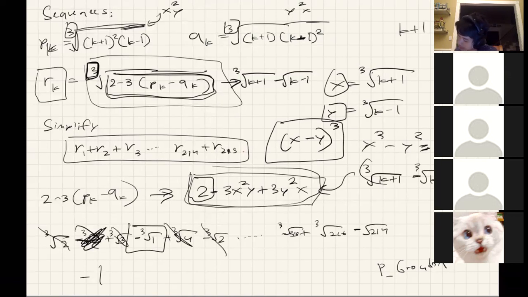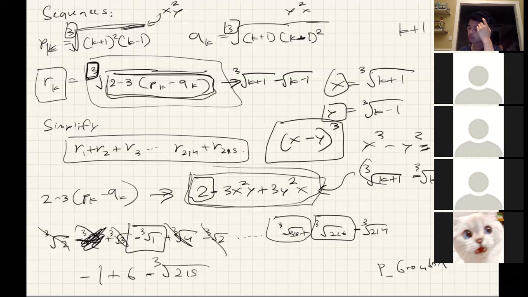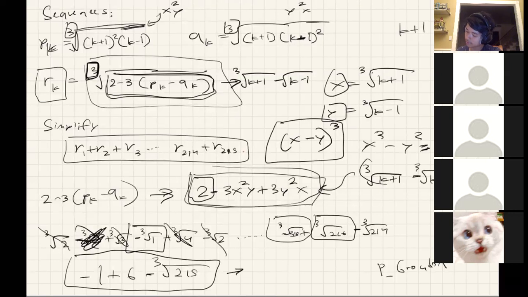And you might have seen that the cube root of 216, which thankfully is equal to a whole number, which is 6, and then minus the cube root of 215. These terms are what is left of our telescoping sum, essentially. So at the end, we're going to be left with 5 minus the cube root of 215 as our final answer.